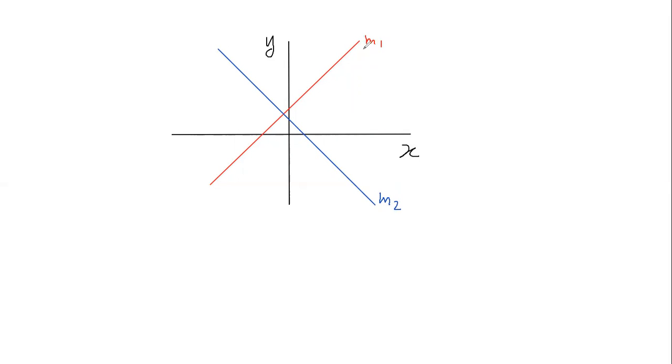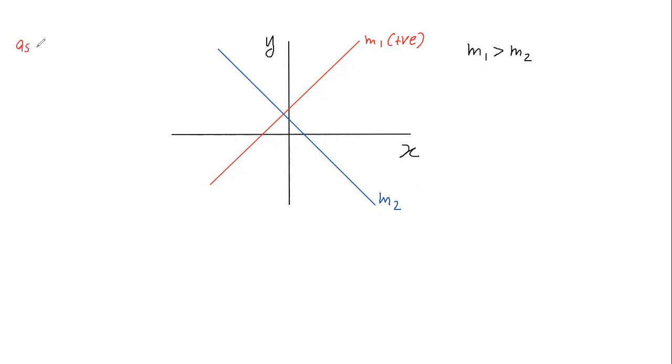Now by just looking at the lines, can I decide which value will be greater? M1 will be greater or M2 will be greater? Here, by just looking at the lines, I can directly say that M1 is definitely greater than M2. Why can I do that? Because I know that M1 is an ascending line and M1, no matter what you do, will always be positive.